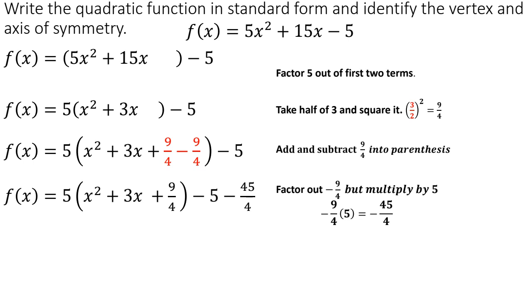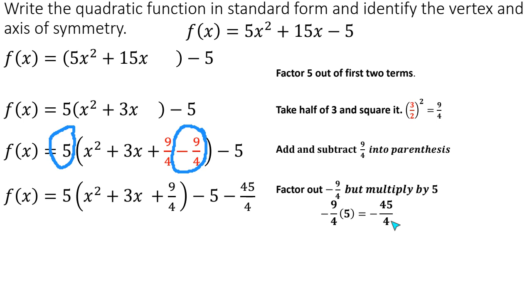Okay, so let me just put a circle here so we don't forget. So I'm going to have to multiply the 5 times the negative 9/4. And so that's going to give us, and I have it down here, so negative 9/4 times 5 is going to be negative 45/4.